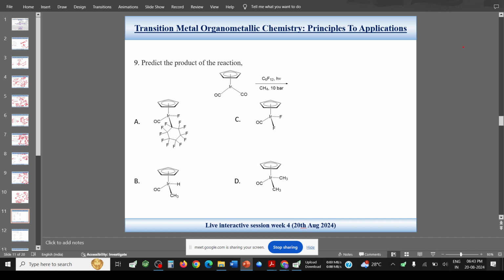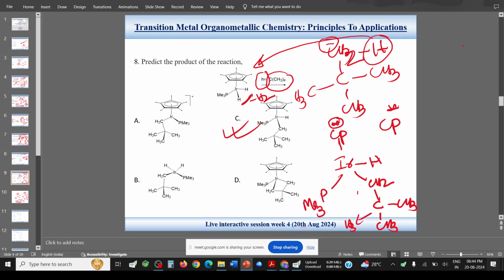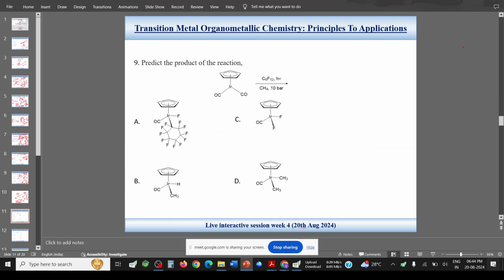Do you know the answer? No, sir, I don't know, because in all the options, the compounds obey the 18 electrons. All compounds obey the 18 electrons. That's why I didn't identify the answer. Okay. Sometimes, as in the previous one, the compound obeys 18 electrons, but only with the help of the 18 electron rule, it may not be possible to answer all these questions.